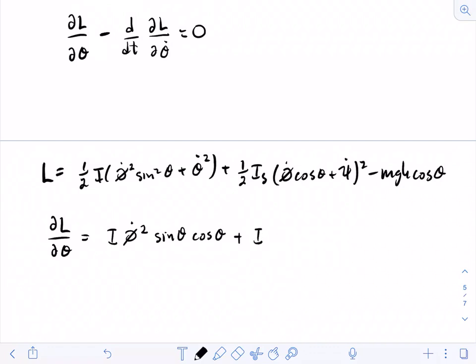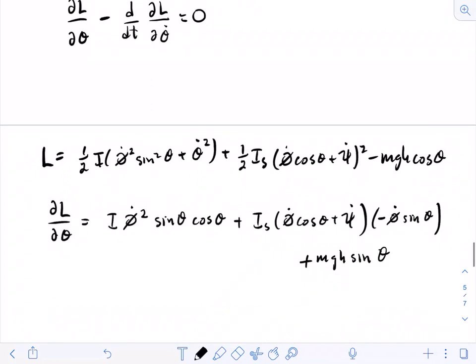And that's that. And then we have to do chain rule over here. So we have Is phi dot cos theta plus psi dot. And then we have to take the theta derivative of what's inside. So we'll pick up a minus phi dot, and then we get a sine theta. Okay, and then we have mgh cos theta. The cosine becomes a minus sign. We have a minus sign out front, so we get a plus mgh sine theta.